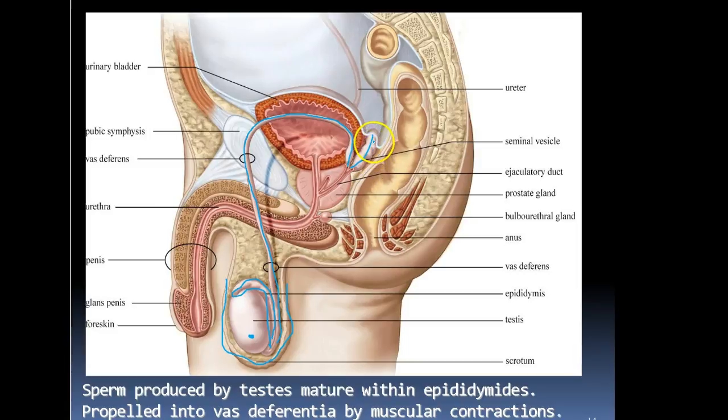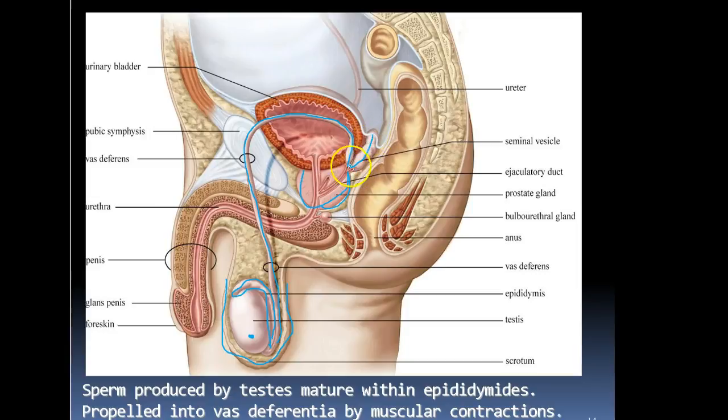So we know that prostate is going to give us 30%, I think. The seminal vesicle is going to give us about 60%. And bulbourethral is going to give us around 10% of the solutions that you find.